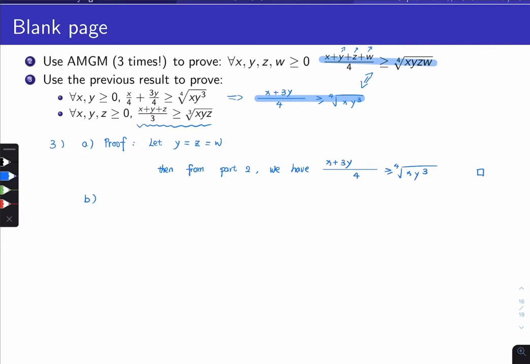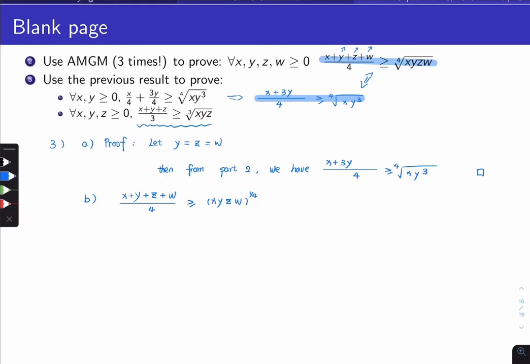So what I'm gonna do is I'm gonna start with part 2. Let's write it down. (x plus y plus z plus w) over 4 is greater than or equal to the fourth root of xyzw. I'm gonna write it as (xyzw) to the power of 1 over 4. Okay, so this is what's given.